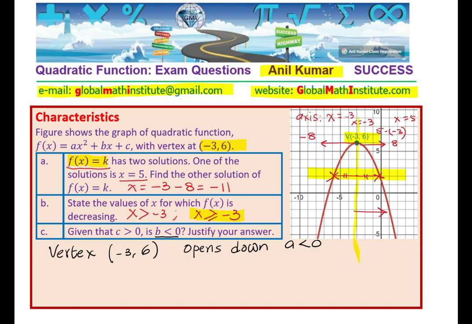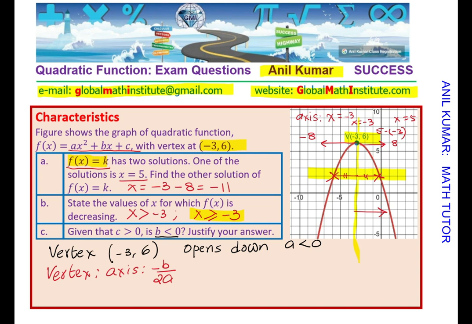A couple of ways: you could convert the equation to vertex form, which will be very long. But some of you also know that for the vertex, the axis is at what value? The axis is at -b by 2a for the function ax squared plus bx plus c.